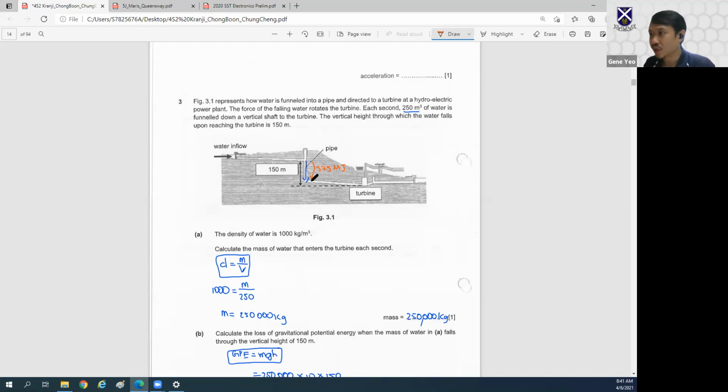I'm going to assume that all this kinetic energy, as it flows into the turbine, is going to be equal to the 375 million joules. I'm going to assume that there's no energy loss along this journey over here. So assuming no energy loss, all the 375 million joules converted to KE is going to stay as 375 million joules as it enters here.